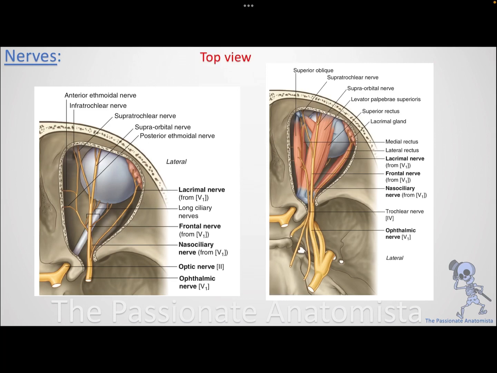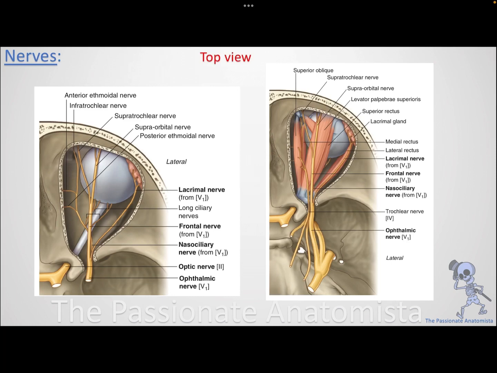Now coming to the nerves, on a practical note, the nerves that we have in the eye, guys, remember that they are either coming from the trigeminal, because you know that the trigeminal is a sensory nerve for the face, okay? Or they will be nerves that supply your extraocular muscles. We already talked about the cranial nerves that supply the extraocular muscles.